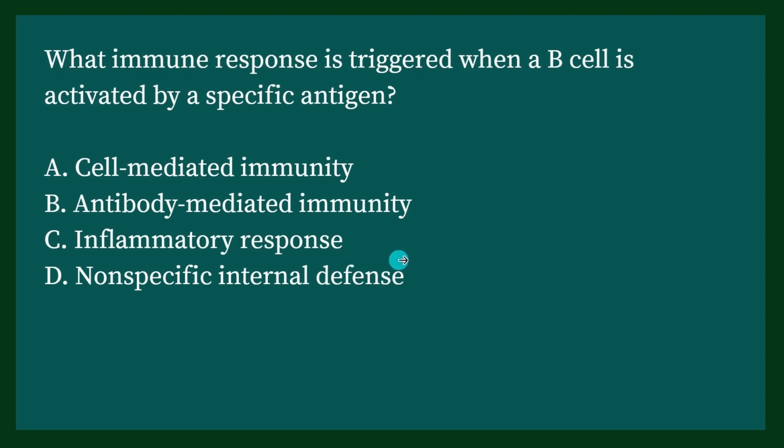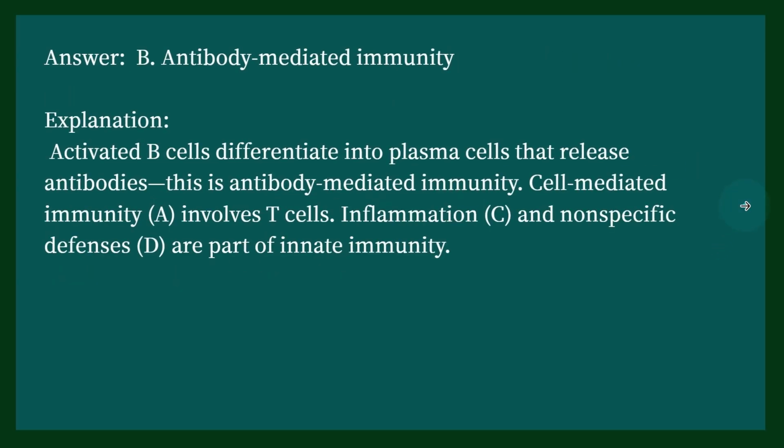It's a branch of nonspecific internal defenses. So I'm going to go with B, antibody-mediated immunity, because the B cell breaks off when it finds an antigen. All of its antibodies break off, and they go and they do the work directly on the antigen.